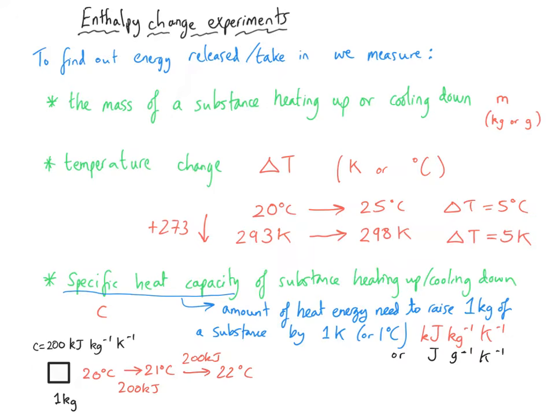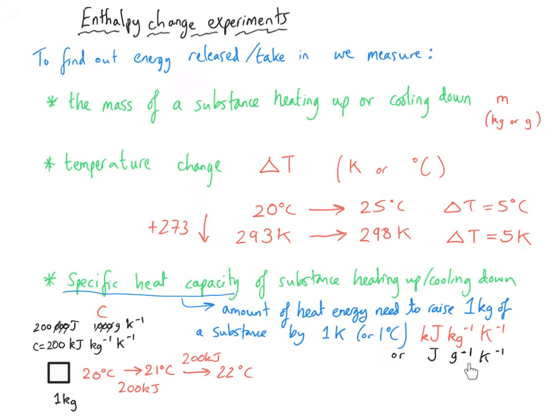And if you think about it, that makes perfect sense, because if it would take 200 kilojoules, that means 200,000 joules, to raise the temperature of 1 kilogram of this substance by 1 Kelvin, remember a kilogram is 1,000 grams, what we're saying is 200 kilojoules per kilogram per Kelvin is the equivalent of 200,000 joules per 1,000 grams per Kelvin. And so if we get rid of all 3 of those zeros from both of those digits, we're left with 200 joules per gram per Kelvin.